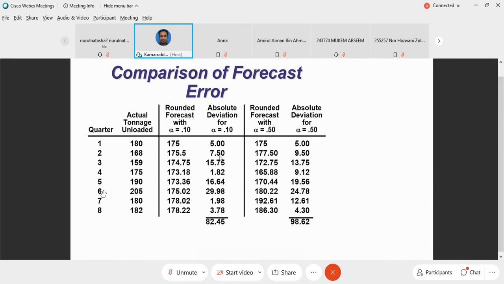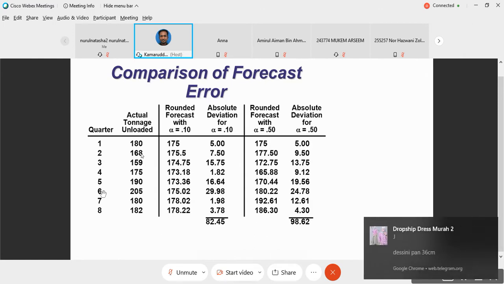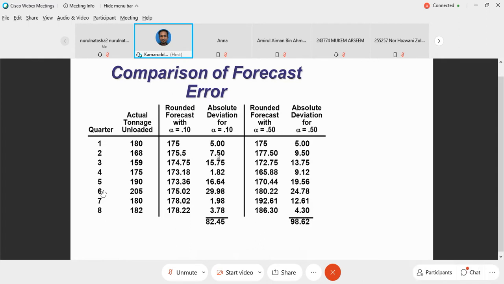We ignore the sign of the negative value here. Since we have the lower actual demand minus 175, the answer should be negative 7.5, right?